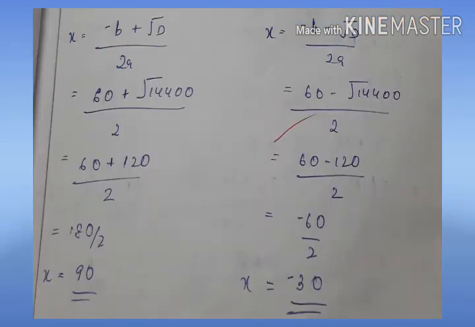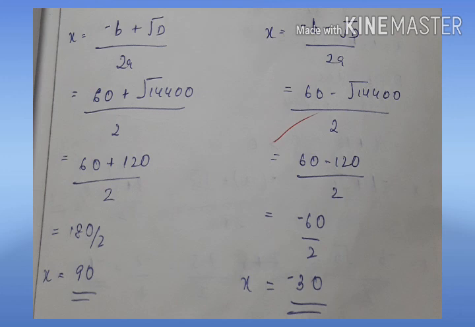So they will be x equals negative b plus root D by 2a, or x equals negative b minus root D by 2a. So here 60 plus root 14,400 by 2.